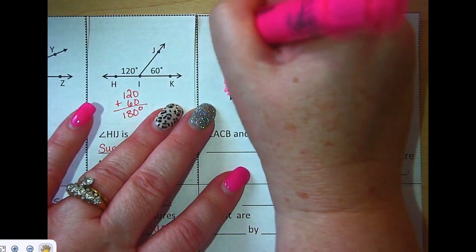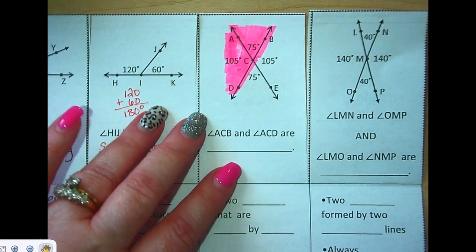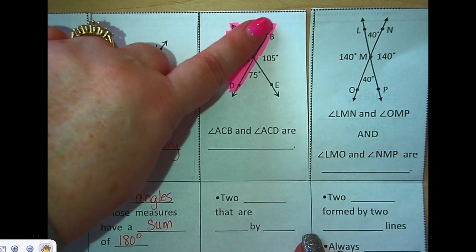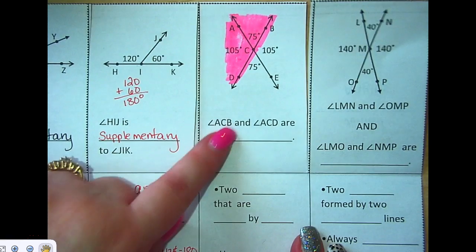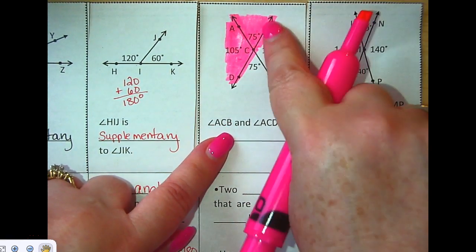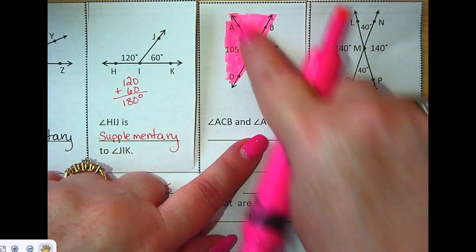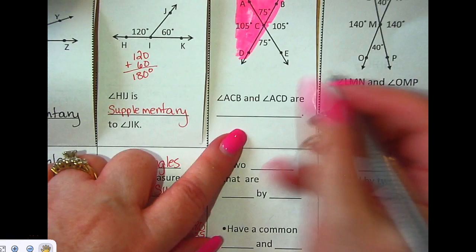They are side by side. Angle ACB and angle ACD. They tell us right here. ACB and ACD are adjacent. They are next door neighbors.